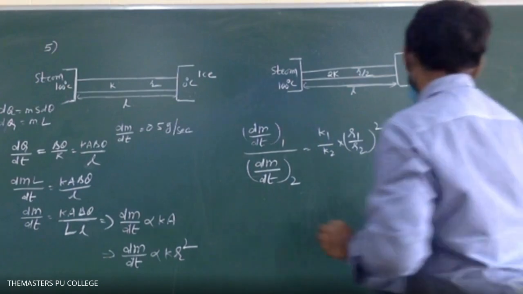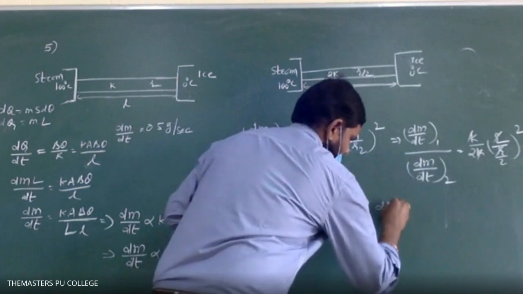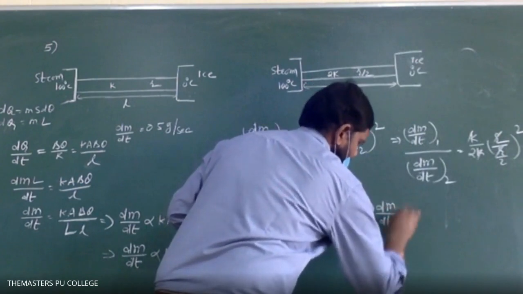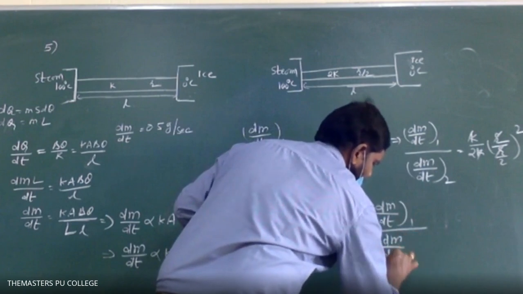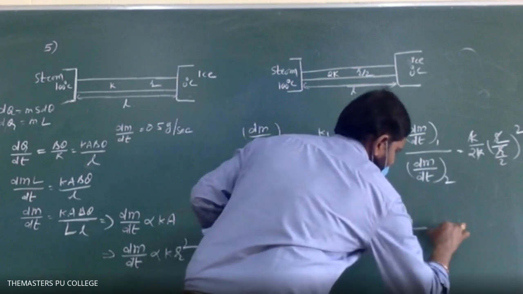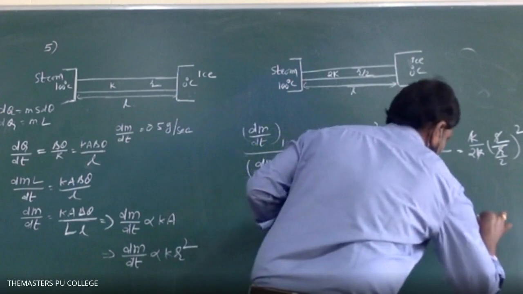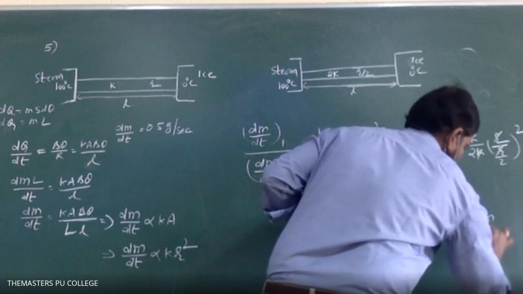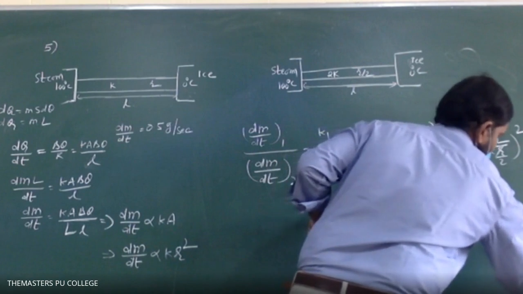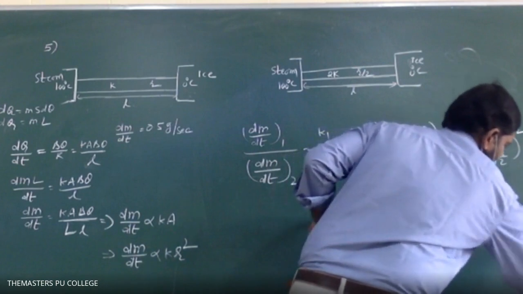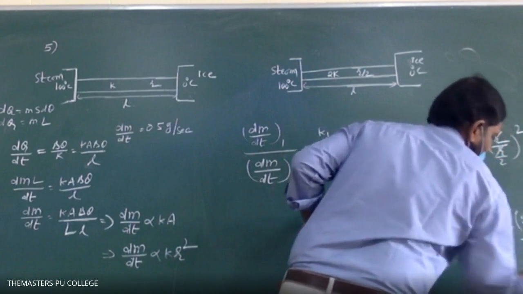So that implies dm by dt of the first rod upon dm by dt of the second rod equals 2. Then I can write dm by dt of the second rod equals dm by dt of the first rod divided by 2.